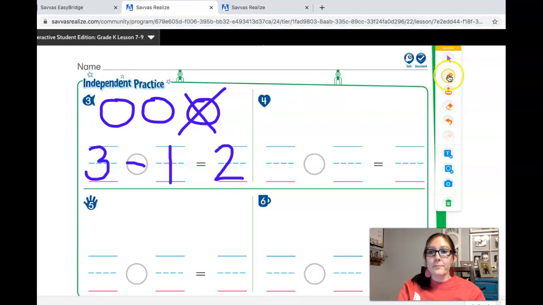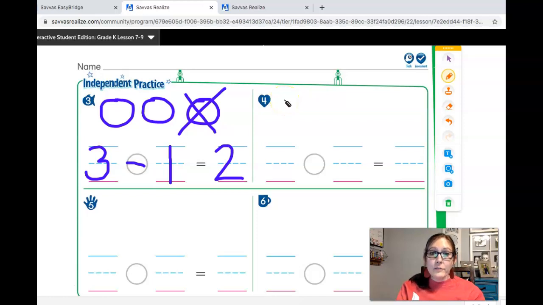Let's do another one. There were 5 turtles swimming in the water. 2 of them swam away. How many turtles are left? Let's show that part.